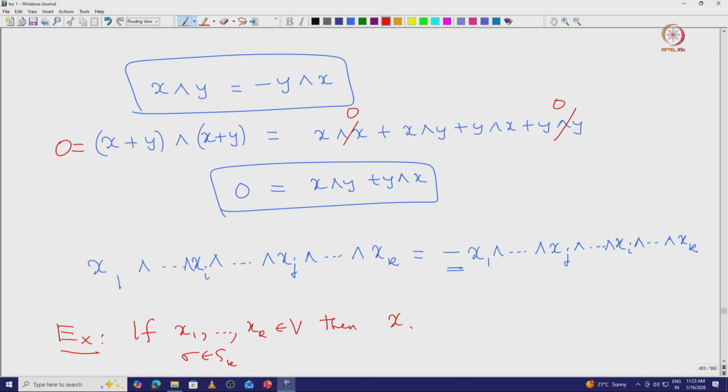One is you can simply take x sigma 1 wedge etc. wedge x sigma k, and this is going to be exactly equal to a simple permutation. Now any permutation can be written as a product of transpositions, and for each transposition we have checked that only a minus sign comes out. So when you apply this sigma on the indices 1 to k, x sigma 1 wedge etc. wedge x sigma k is going to be exactly equal to the sign of sigma times x1 wedge etc. wedge xk.